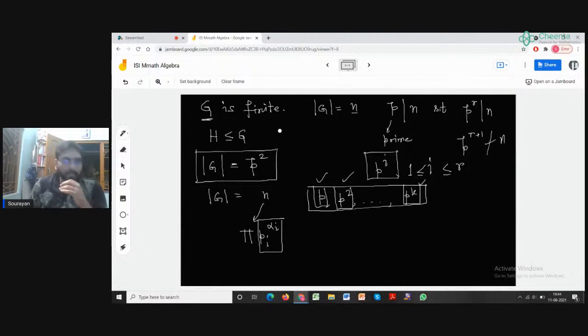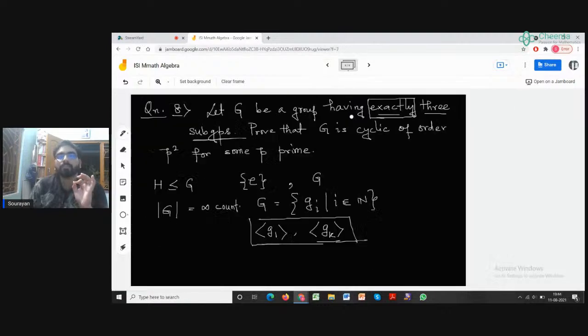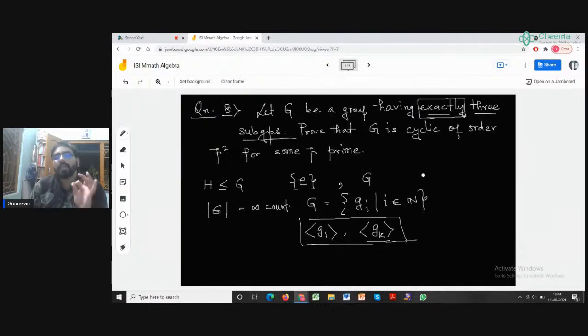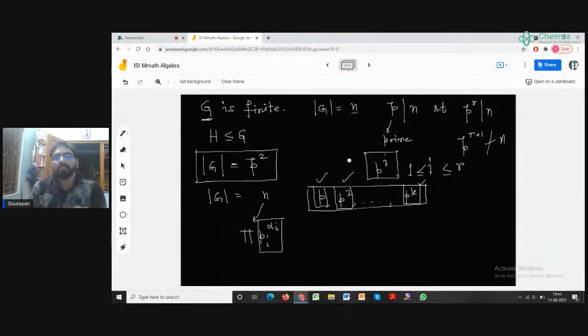So what have we accomplished from here? First we showed that G has to be finite. Then we showed that G has to be of order p square. Now comes the cyclic part. Suppose it is not cyclic. What does that mean?